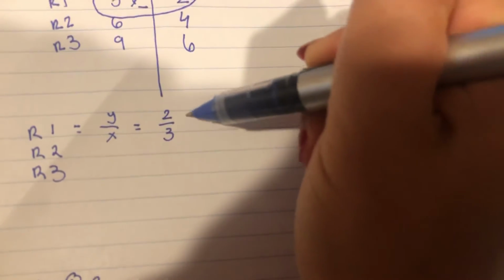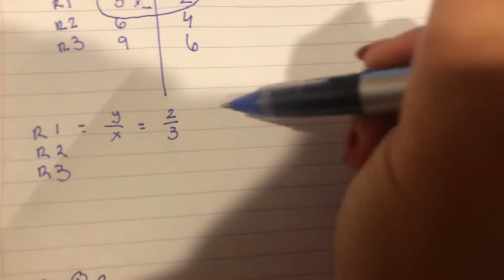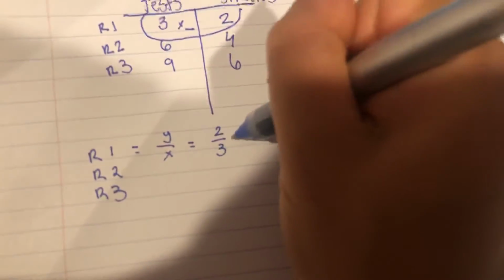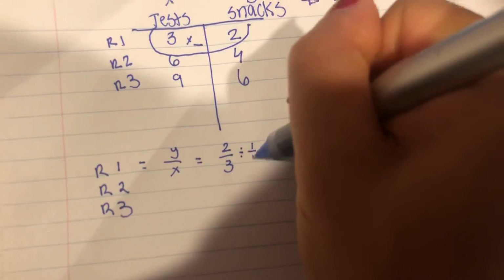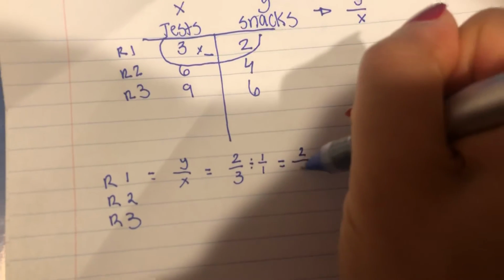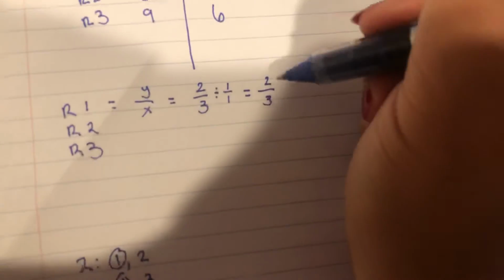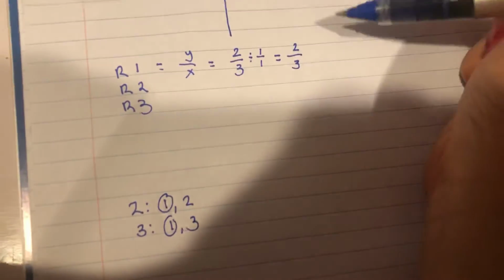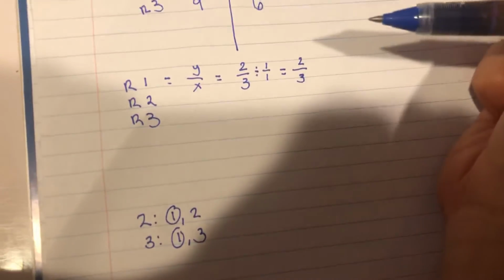So if I just divided by 1, the greatest common factor, all it's going to give me is 2/3. I could even show you: 2 divided by 1 is 2, 3 divided by 1 is 3, it still gives me 2/3, which is why anything that has a greatest common factor of 1 cannot be simplified anymore.